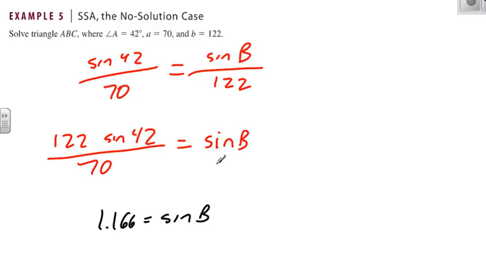And we know that sine is never more than 1, so there's no solution. Sine is always between 1 and negative 1.